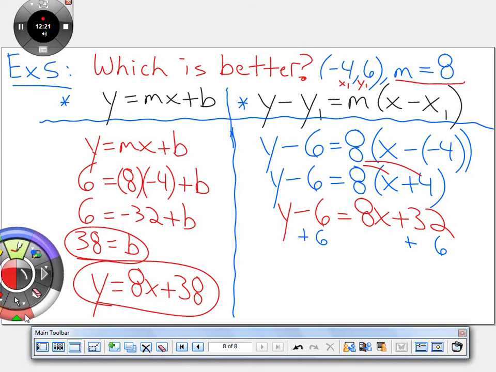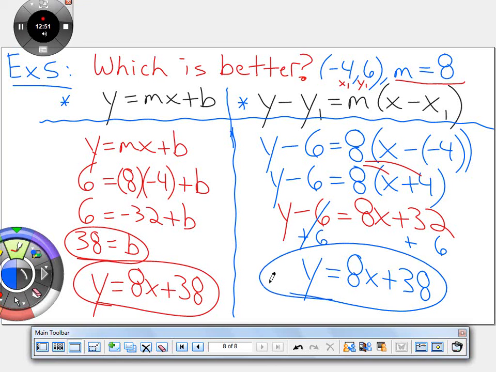And I would notice that I would lose the 6, so that would cancel out, and we'd have y all by itself, and it would be 8x, and then 32 plus 6, that would be 38. So we would circle that, and you'll notice exactly the same thing. They're just different ways of getting there.